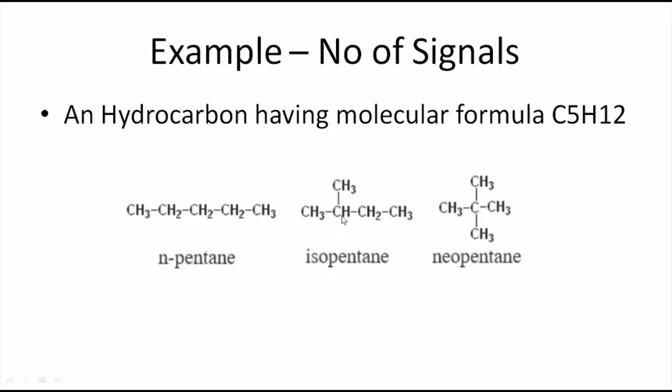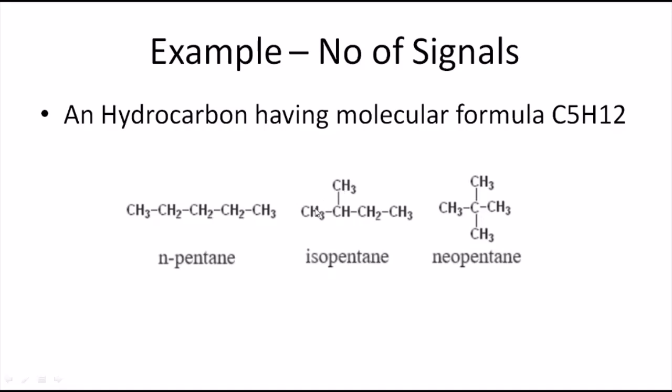What about this molecule? You can keep a plane here. If you keep a plane here, the CH3 on the left and right side are different, and therefore they will give different signals. And if you keep a plane here, if the molecule is symmetrically written, these two CH3 will look alike, right? And therefore these two altogether give one signal.